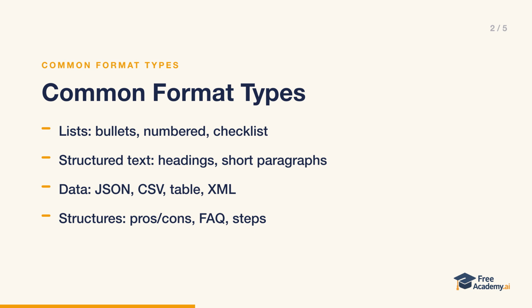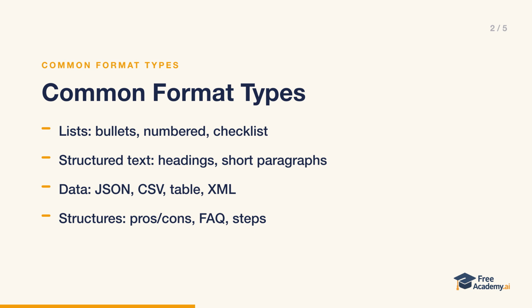There are a few big families of formats. First, lists. You can request bullet points, a numbered list using 1, 2, 3, or even a checklist with empty checkboxes. Second, structured text. Things like headings with H2 for each section, short paragraphs of 2 or 3 sentences, or 1 line per point. Third, data formats, which are great when another tool will read the output.